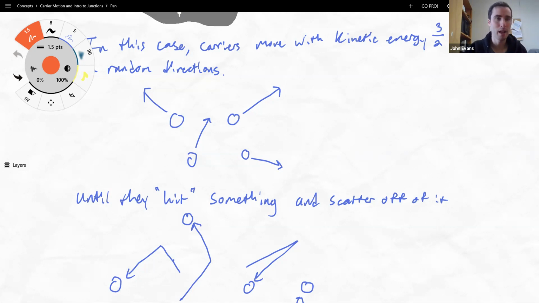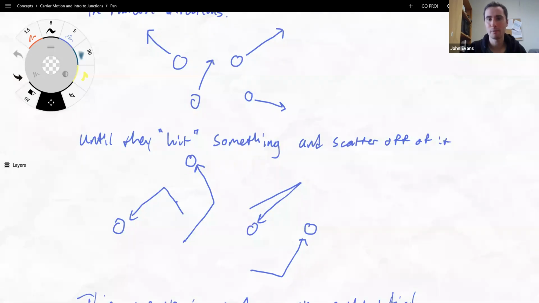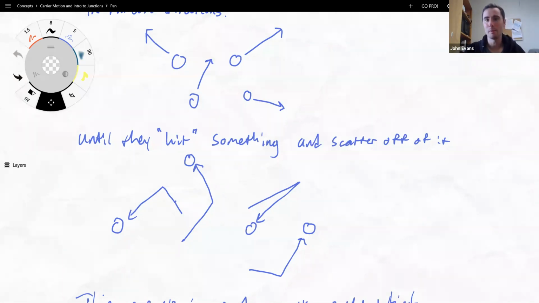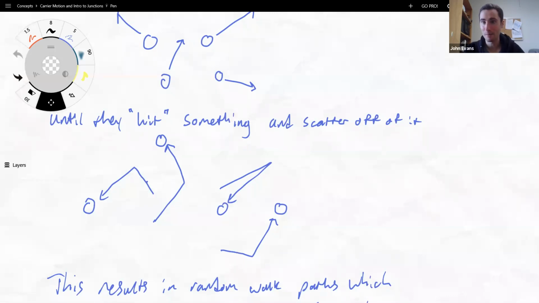So what will happen is that you can imagine these just being like billiard balls going around a pool table, and eventually they'll hit the side and they'll bounce off, right? So maybe this electron is scattering off of a nucleus or another electron, because there's going to be this idea of a mean free path and a mean free time, which mean the average distance and the average amount of time, respectively, that one of these carriers can move without scattering off of something.